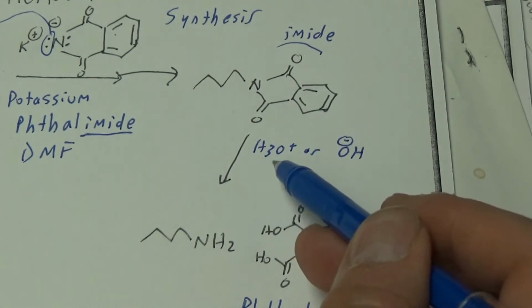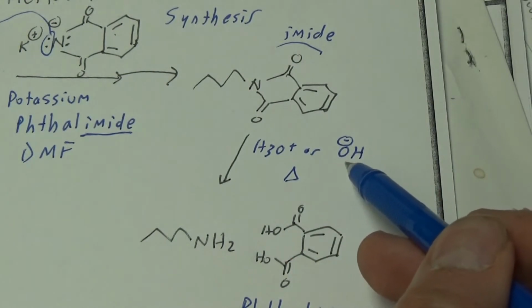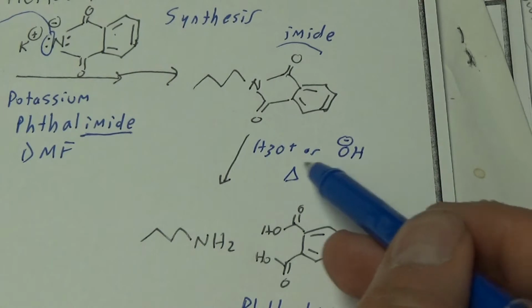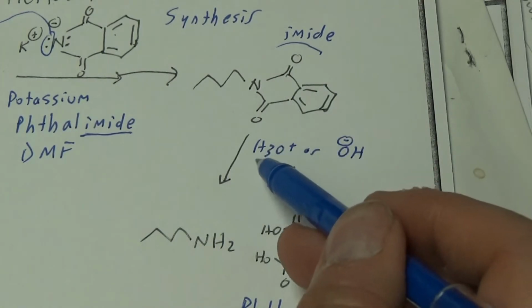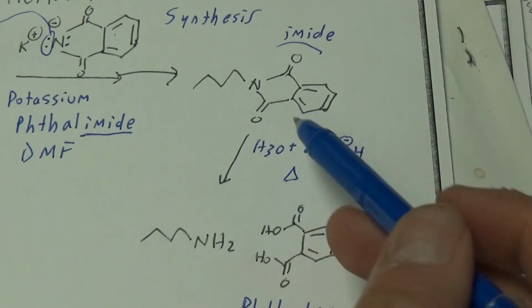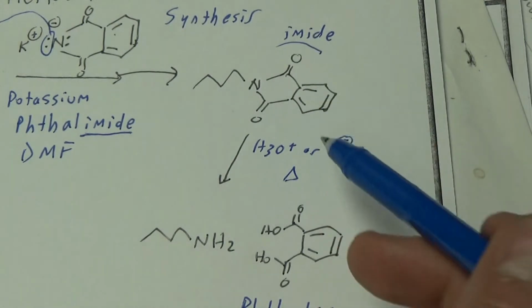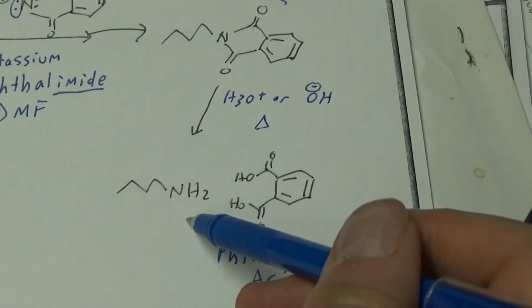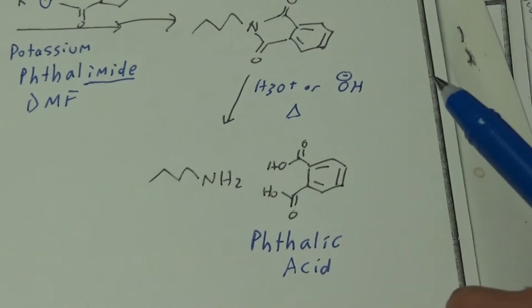So we're going to focus on the acid mechanism. The base one also works, and there are even other ways to do the cleavage reaction, but mechanistically I think the acid one's maybe the coolest. So we'll show the acid catalyzed mechanism for the cleavage of the imide to the amine and phthalic acid. Alright, so let's do that.